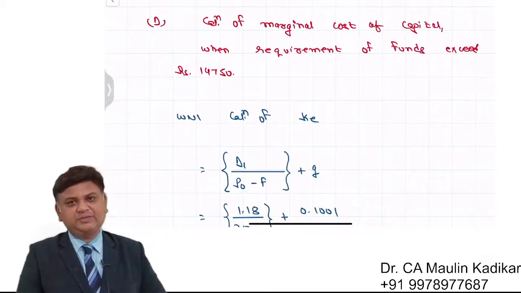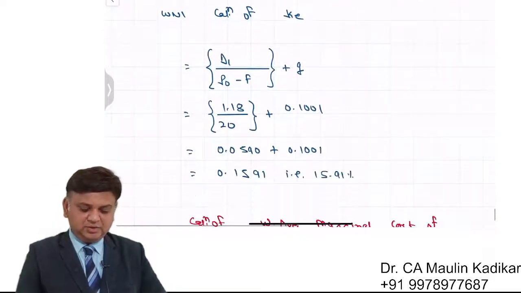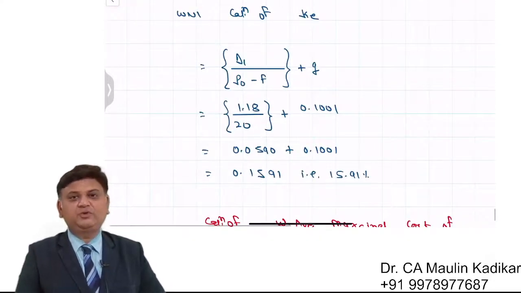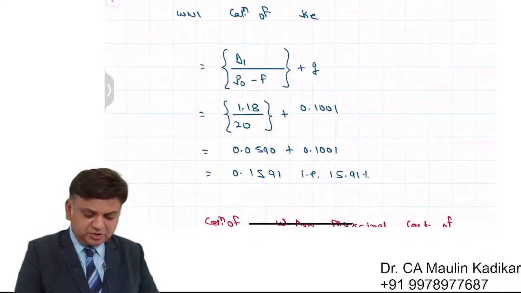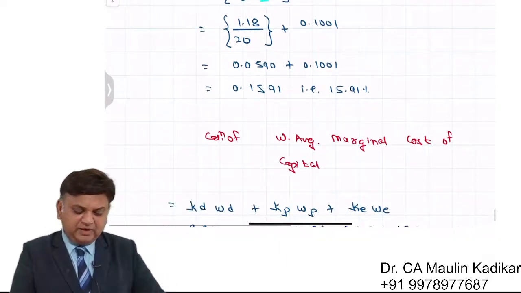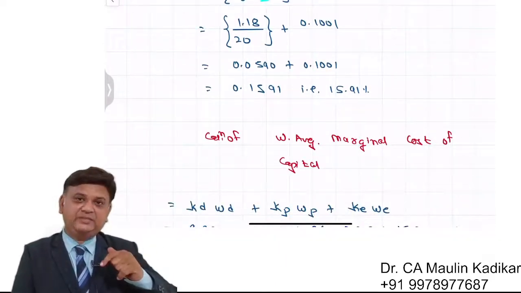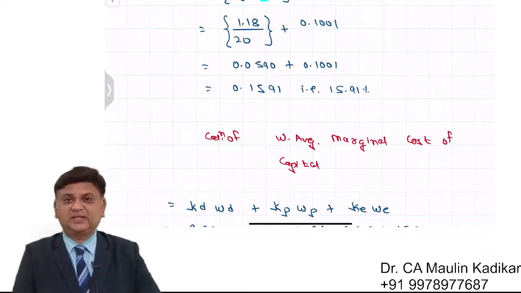Then weighted average cost of capital when the funds requirement exceeds this. So in that, first of all, we compute the cost of equity. In that, the flotation cost will be deducted. We have been provided at this point of time. See, the sequence in which the information is given is excellent.